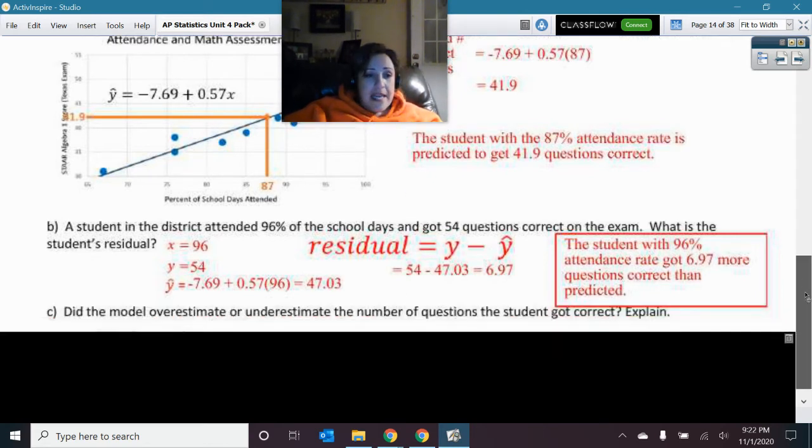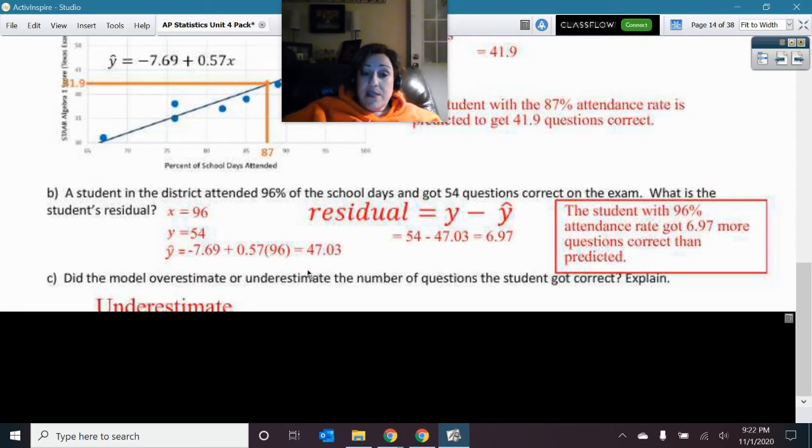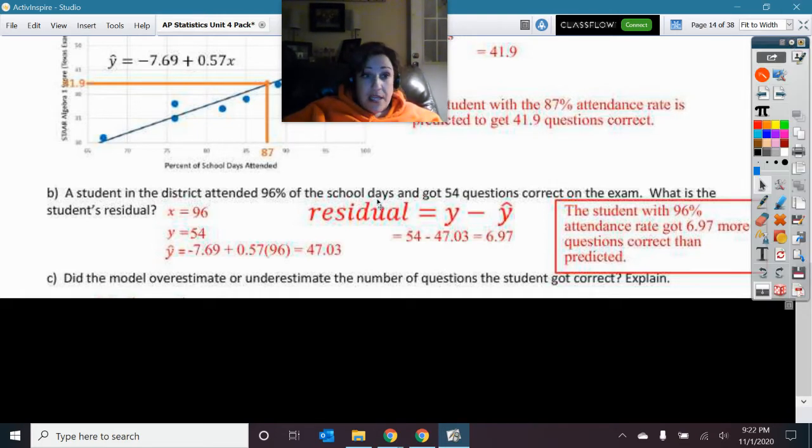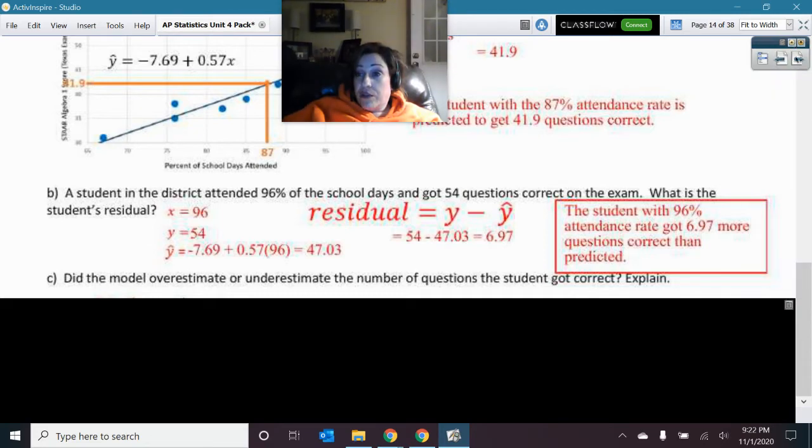All right. Next, did the model overestimate or underestimate the number of questions the student got correct? Okay, so I have to think about what's happening here. We have our picture, and at 96, that person got above.